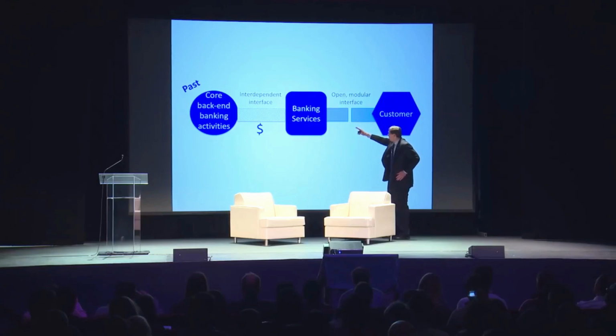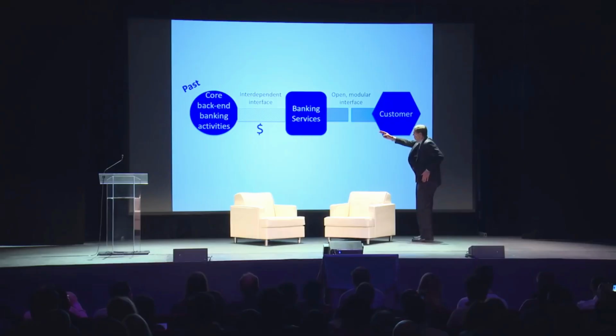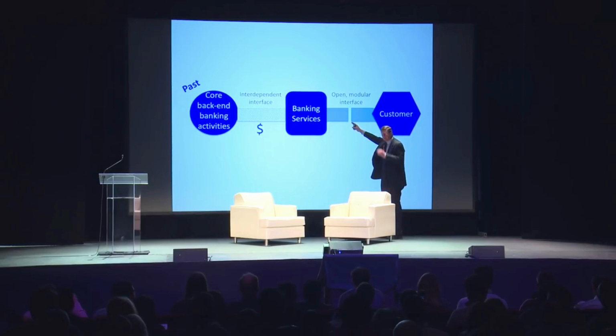But on the other hand, where the interface was between banking services and the customer, that was a modular interface. FICO is a way to do it. And everybody knew that if you want to disengage with the bank, you could go to another bank and insert yourself. And because of this modularization of that interface, it was easy for customers to go. And so the banks complained that there's no stickiness with their customers. But it's because this interface is standard that everybody had to adopt.